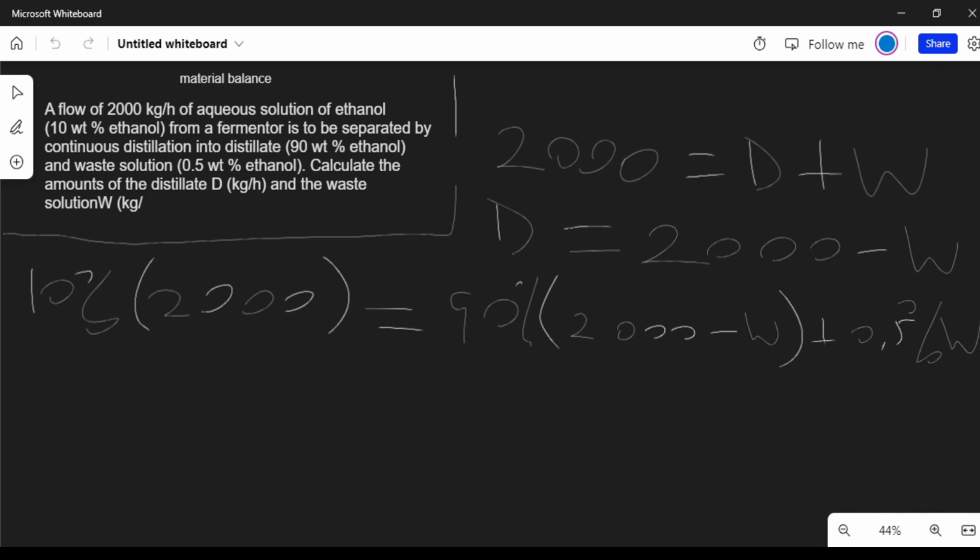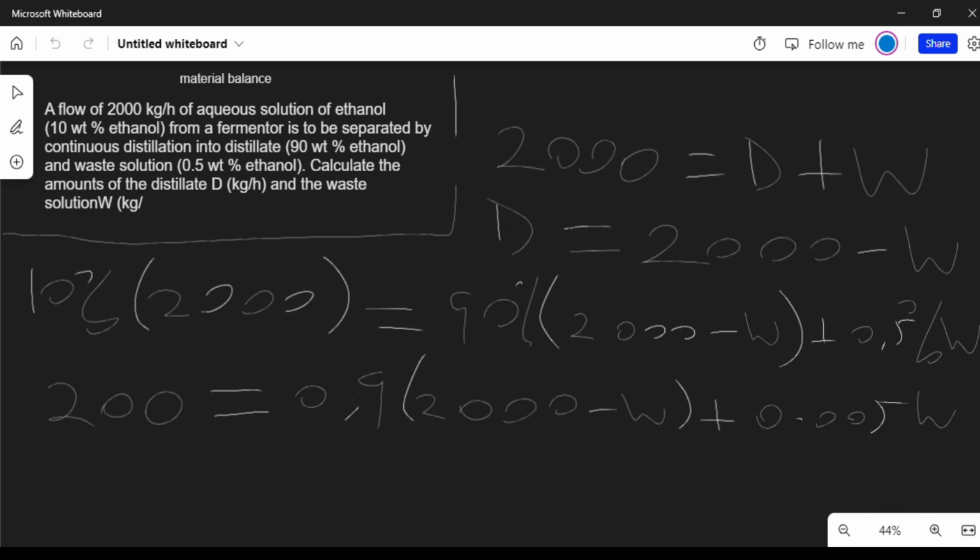When you calculate 10% of 2000, you would get 200 as your answer. And then when you calculate 90% of D, you will get 0.9 multiplying our bracket 2000 minus W, plus, when you also work out 0.5% of W, you would end up getting 0.005W.